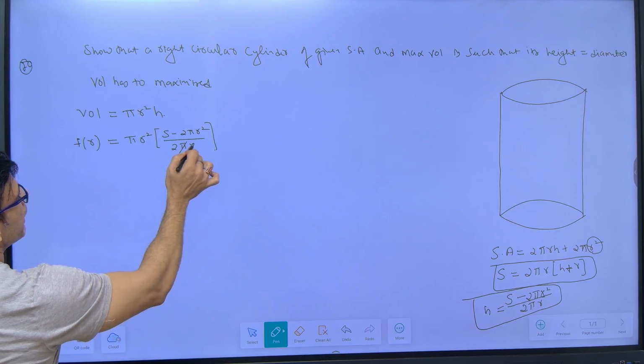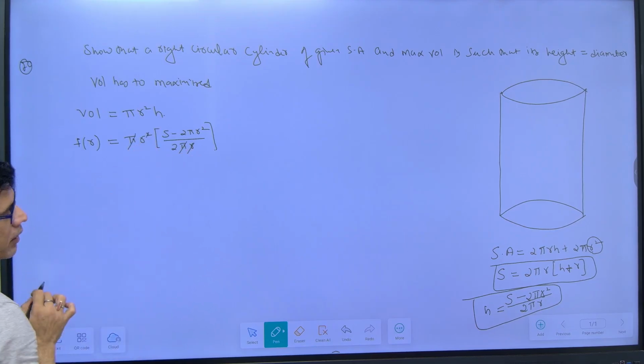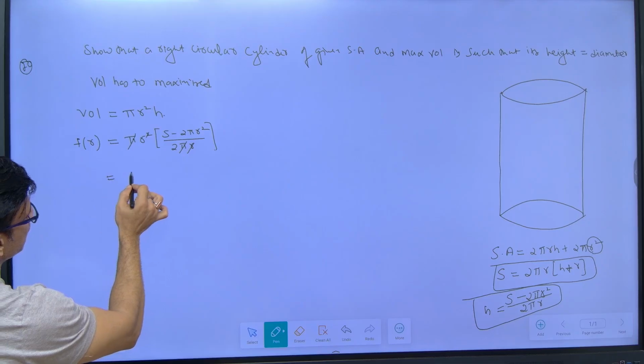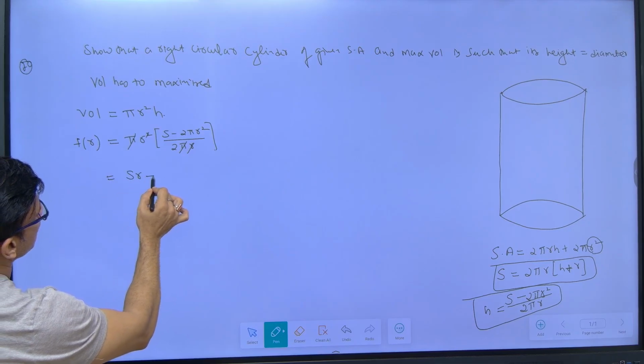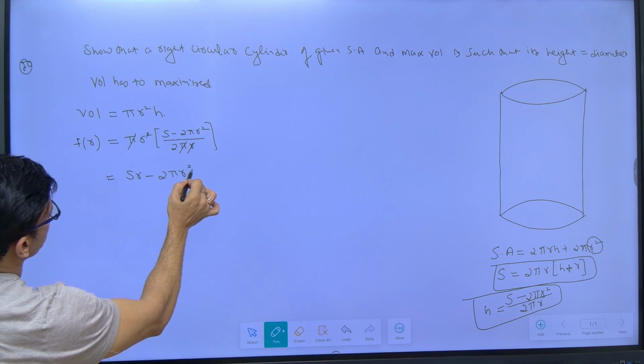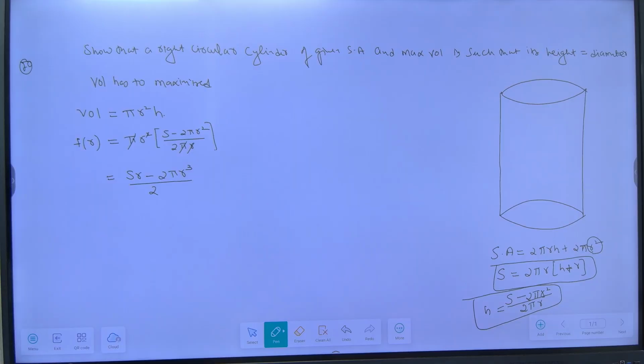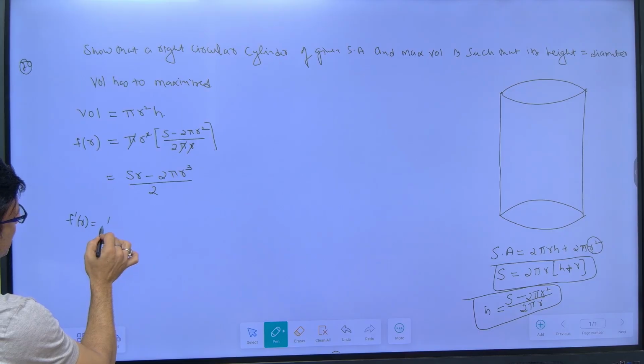You can cancel pi and R and pi and this R. Put this R inside, and after that simplify. S R minus 2 pi R cube, below 2. 1 by 2 you can take out when you are differentiating it. Differentiate this. Take 1 by 2 out.